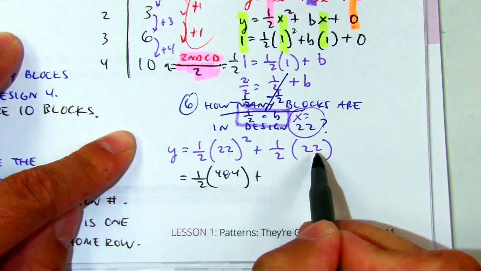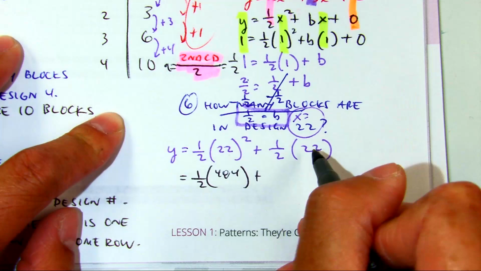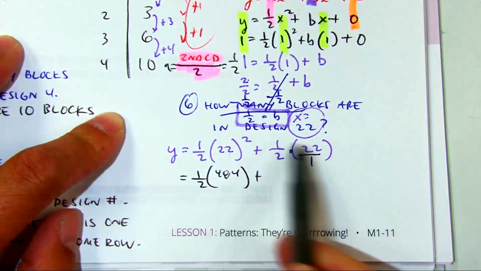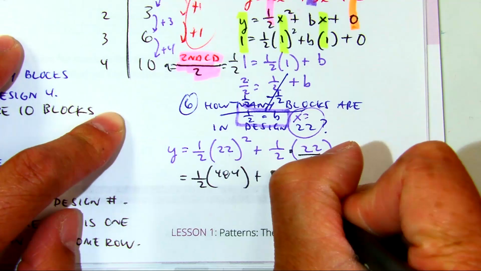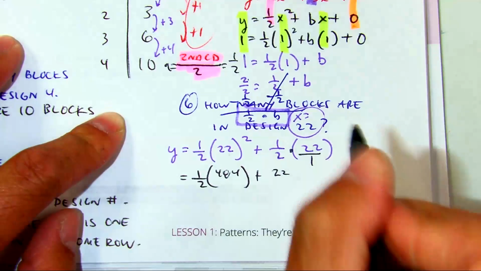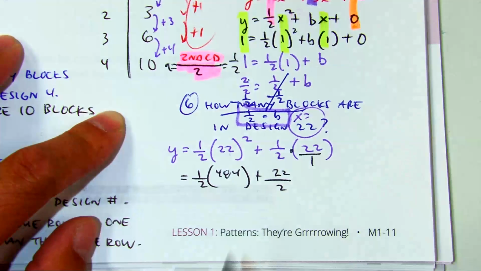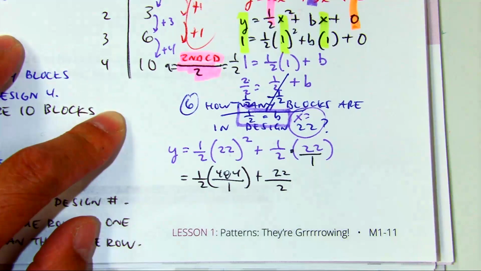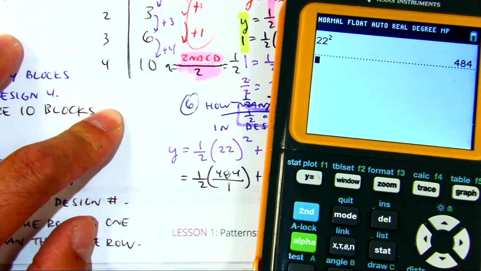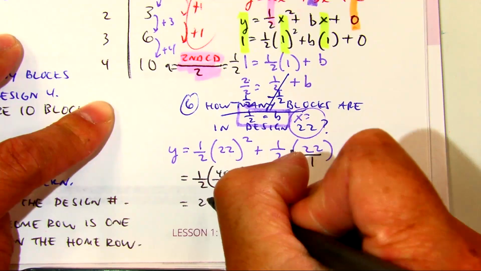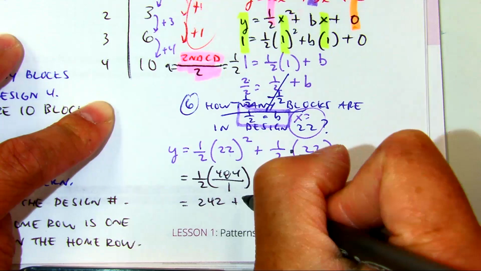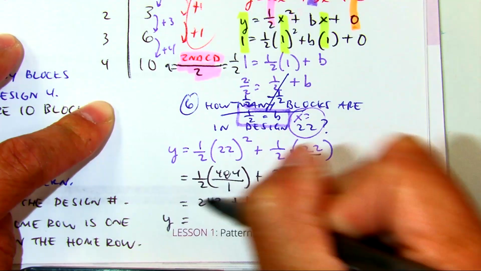How do you make 22 a fraction? Put it over 1. You are multiplying, so you just multiply across. 1 times 22. 22, and 2 times 1? 2. You can do the same thing here, over 1. So this will be 484 divided by 2. Let's go ahead and put that in your calculator. 484 divided by 2 gives me 242. 22 divided by 2 is 11. And if you add those together, you'll get 253 blocks.